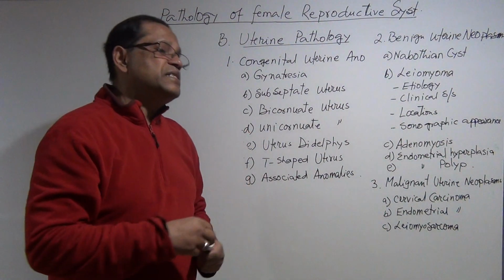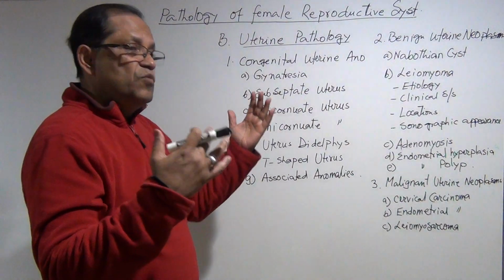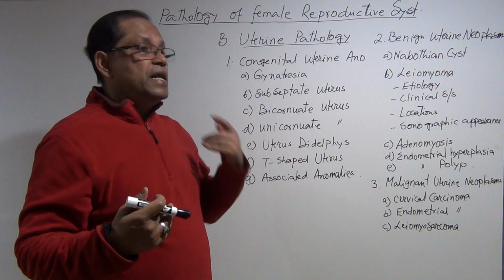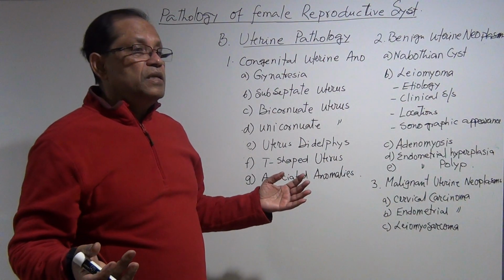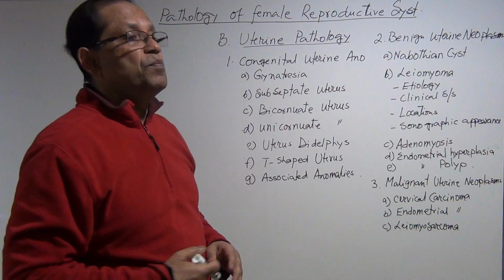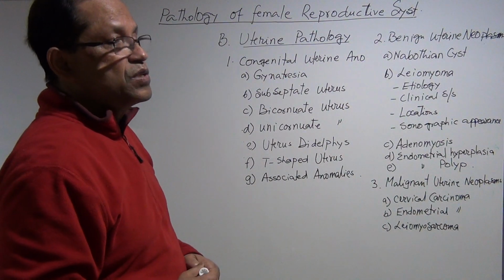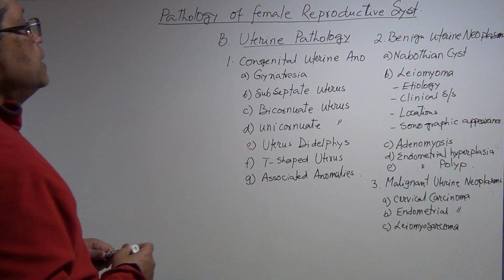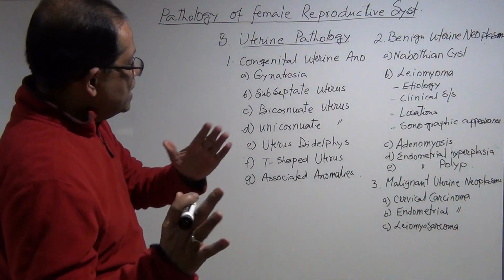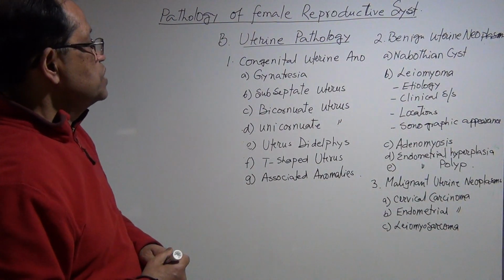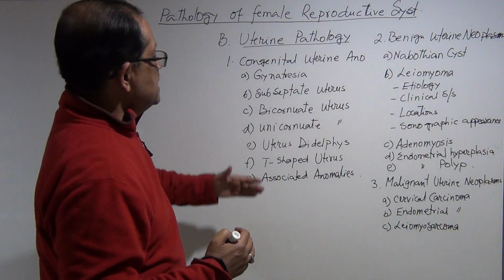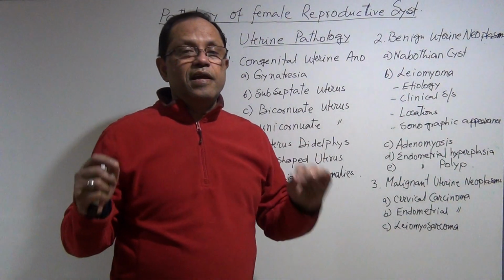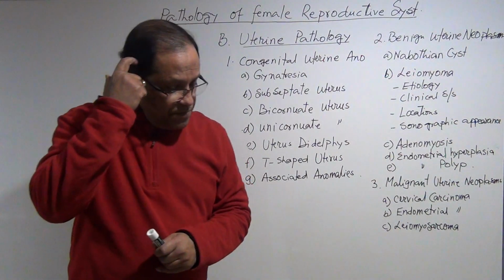In my previous lectures I did, but you might forget, so I want you to remember that developmental process, which is called embryogenesis of the female reproductive system. If you understand that embryogenesis perfectly, then the congenital anomalies will be very clear to you. Always keep that in mind.